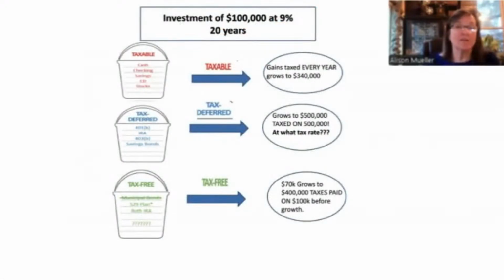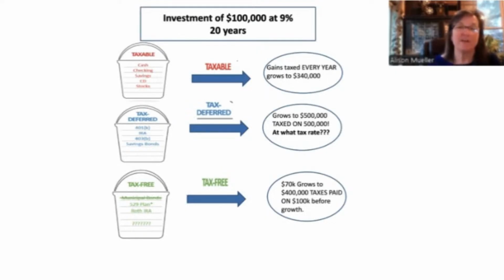So I wanted you to look at how you're taxed using an example of a tree. All right, I've got these 3 buckets on the side. We've got taxable, tax deferred, tax free. And in small print there, it's talking about just the different things that fall into each of those categories. But if we're looking at this like a tree, if it's a taxable account, let's say this is a trading account that's in cash. It's not in a 401k, something you've got at the bank, whatever it is, you're going to be taxed on that every single year.